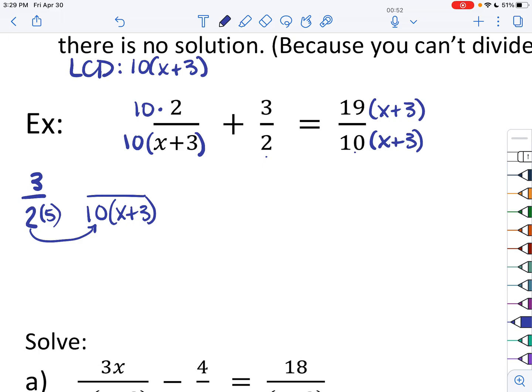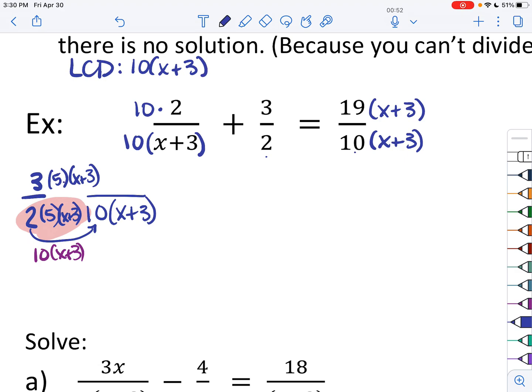But to go from 2 to x plus 3, I just need to make sure I have that x plus 3 there. So if I multiply that 2 times 5 and times x plus 3, don't I end up with 10 times x plus 3? That's what we want. So since I did that on the bottom, I also have to do it on the top.